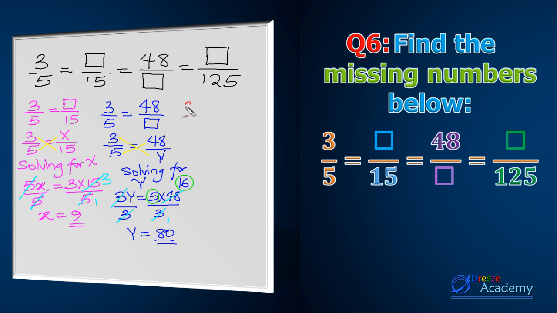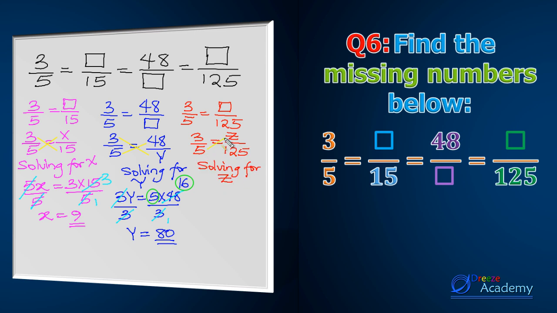Finally, 3 over 5 is equal to missing number over 125. The missing number here shall be assumed as z. That is, 3 over 5 is equal to z over 125.